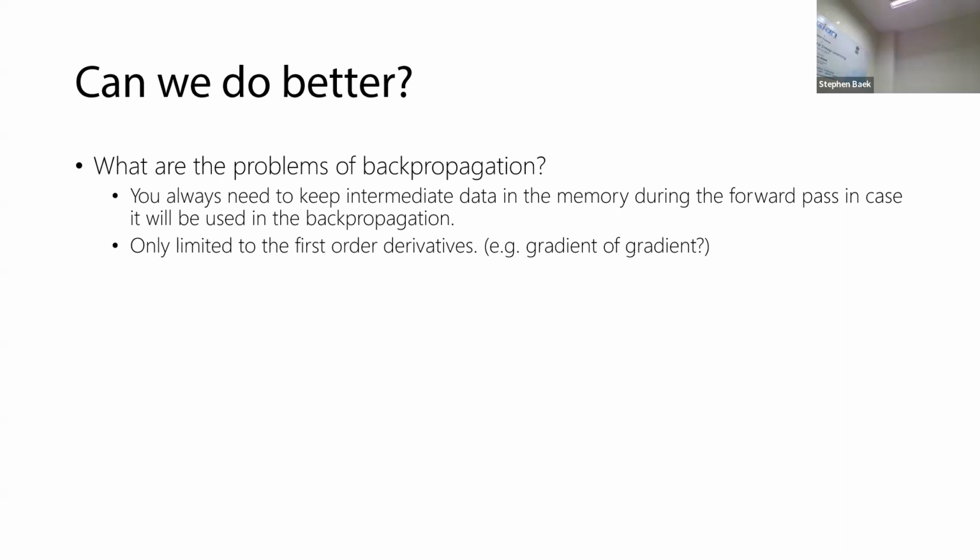And also, I think a more important question to ask: we know how to take the derivative using backpropagation. It works great for first order derivatives. But what if you need a second order derivative, like in that harmonic oscillator example?